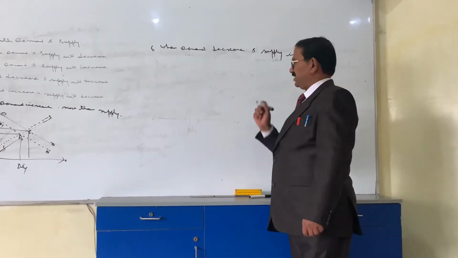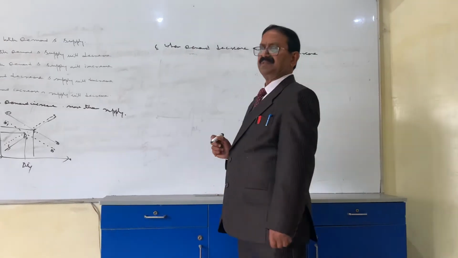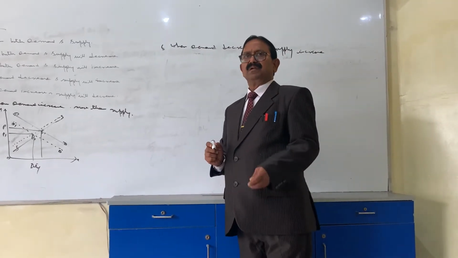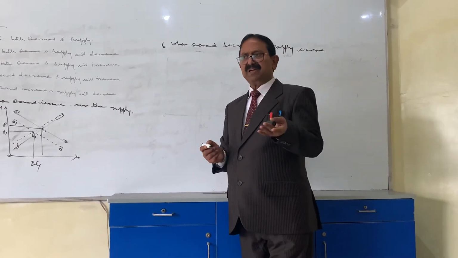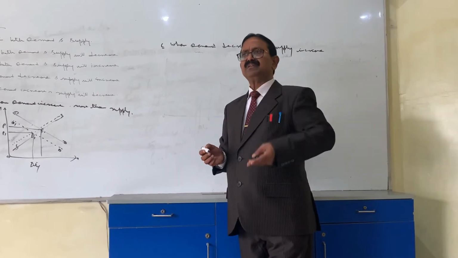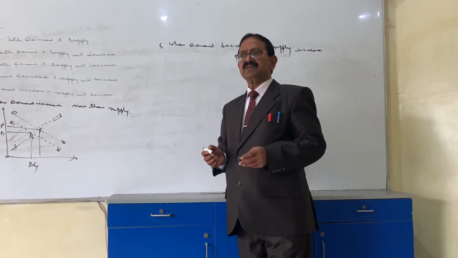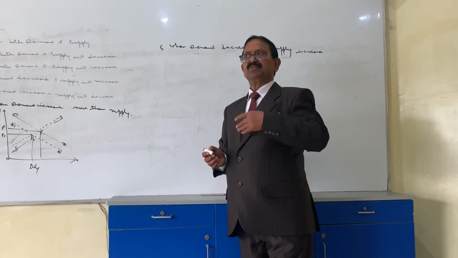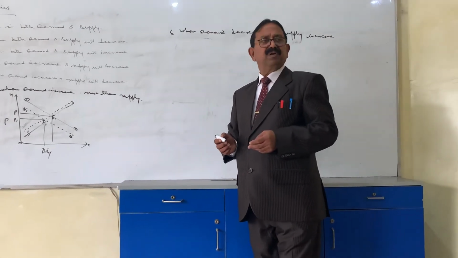So when demand is going to decrease, you have a concept now, when demand is decreased, there are so many reasons why demand is going to decrease. All the time, all goods do not always have more demand.